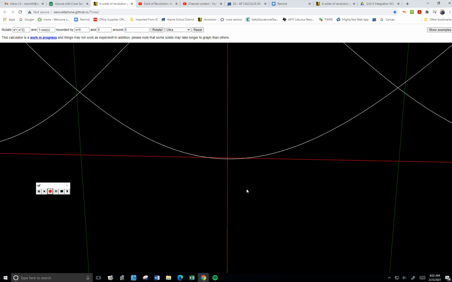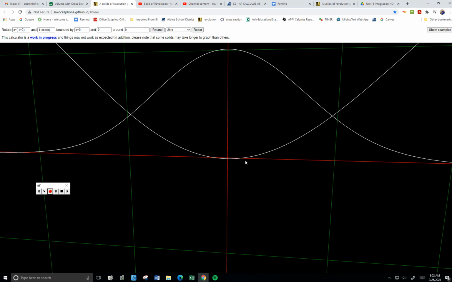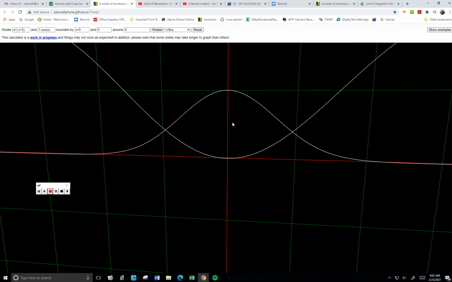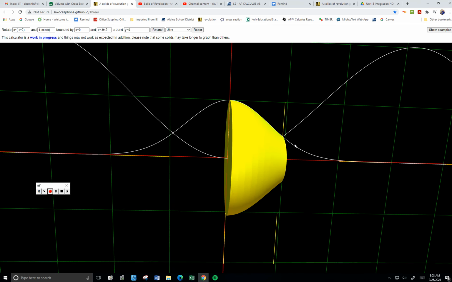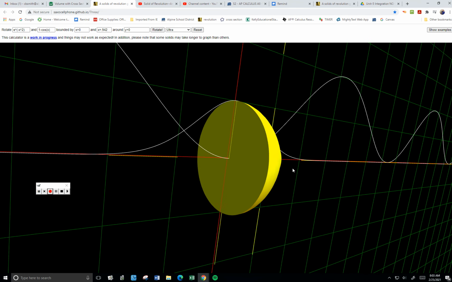Okay, look at your paper and notice, this is the region right there. So that's the region on your paper? Yep. And then this software will cause that region to rotate. So there's the three-dimensional solid that's created.